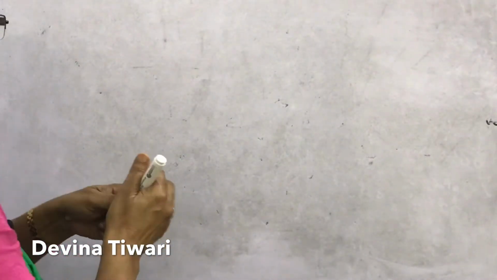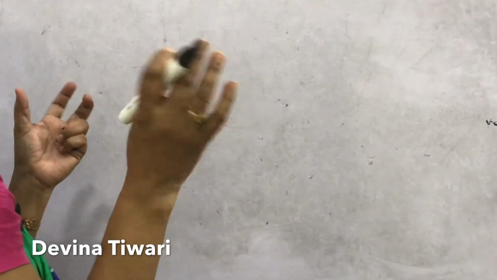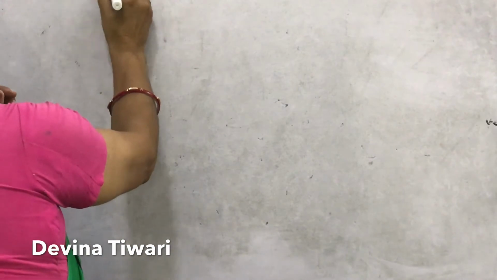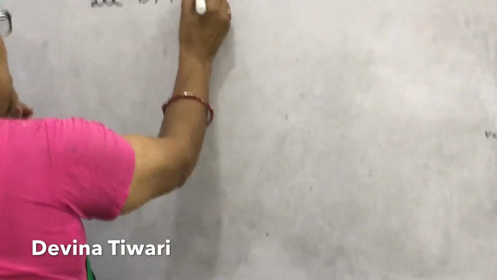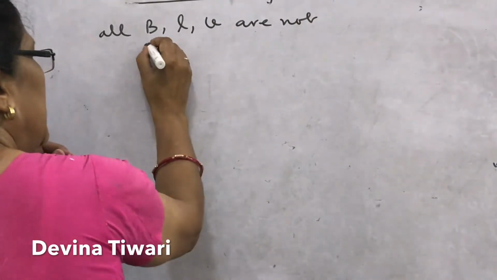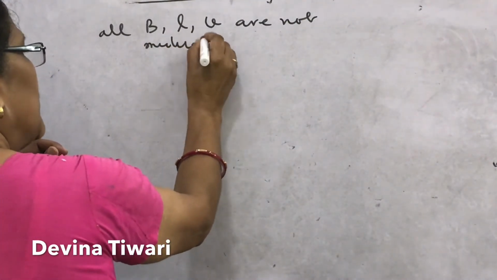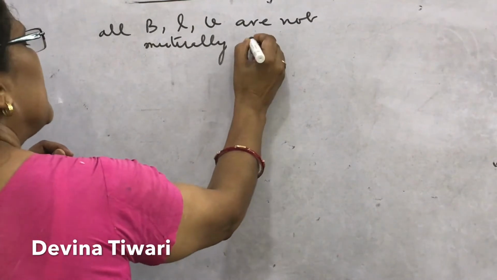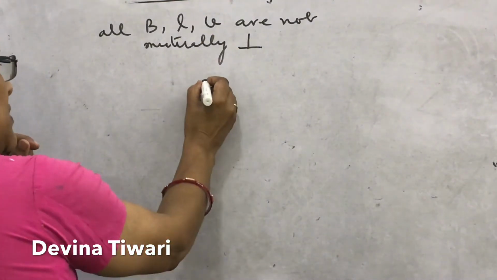Now, if I take a typical example where B, L, V are not mutually perpendicular, then what will happen? Suppose this is the rod.